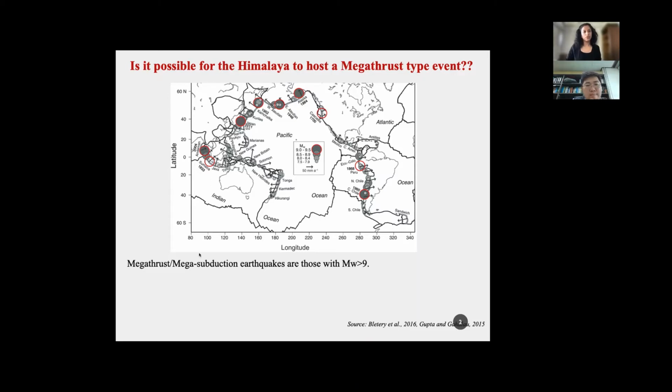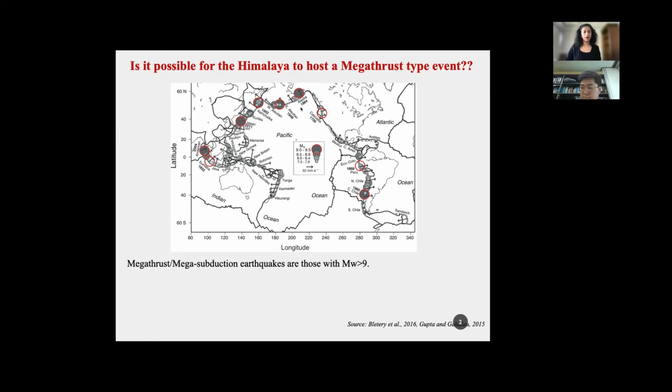Some examples of mega subduction earthquakes are the 1960 Chile earthquake, the 1868 Peru earthquake, the 1964 Alaska earthquake, the very recent 2011 Tohoku earthquake, and the 2004 Andaman earthquake.